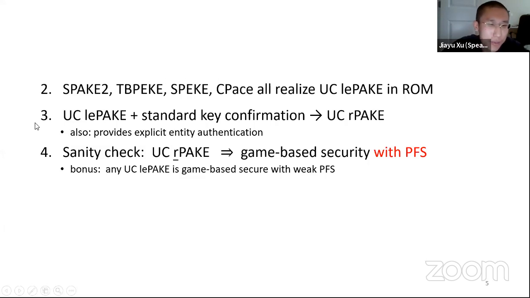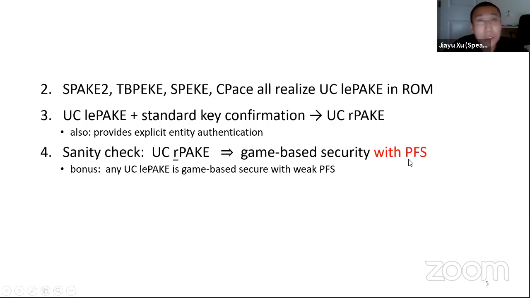And thirdly, we show that UC LE PAKE plus standard key confirmation yields a slightly stronger UC RPAKE. And it also provides explicit authentication. And finally, we also do a sanity check, which is that UC relaxed PAKE implies game-based PAKE security with a property called perfect forward secrecy.